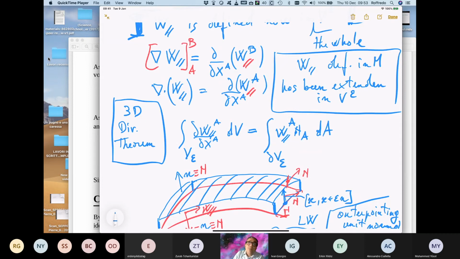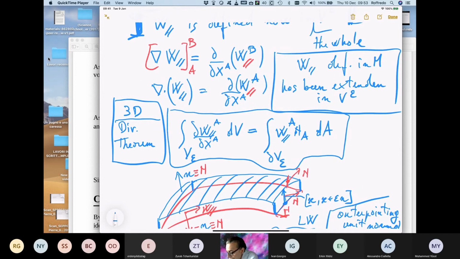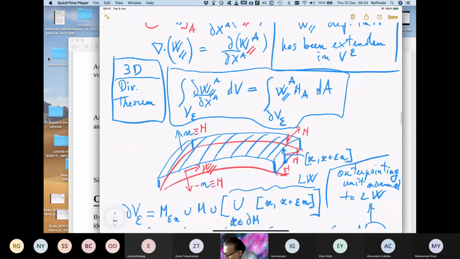Okay, I have already proven the three-dimensional divergence theorem. What do I do? I prolong W in a volume V epsilon, and I am allowed to write this formula. This formula is applicable when N, remark, is the normal orthogonal to the boundary of V epsilon.